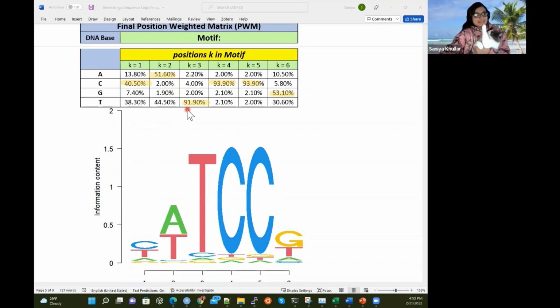And then this T is 91.9%, so it's up here. And then this C here is at 93.9% and 93.9. So these are the same. Slightly better than this situation. If you had to look at the height here, it's comparable, but this is slightly higher.